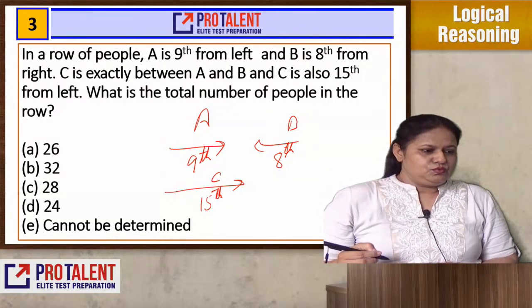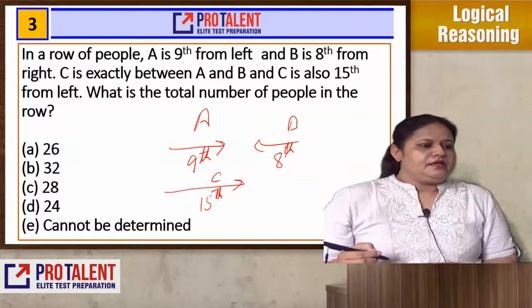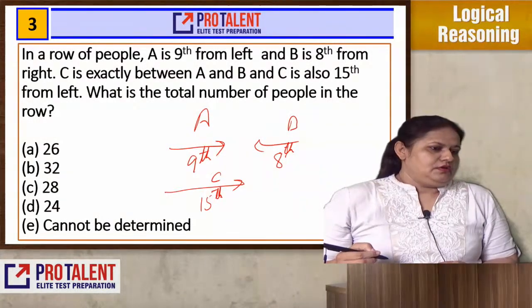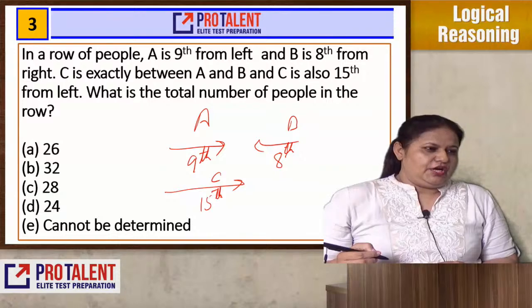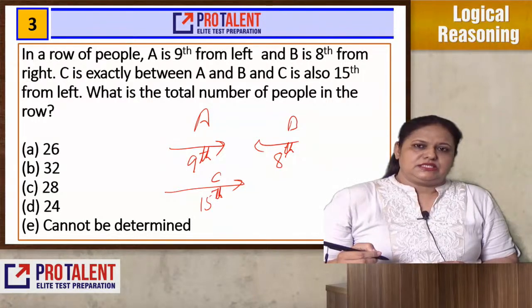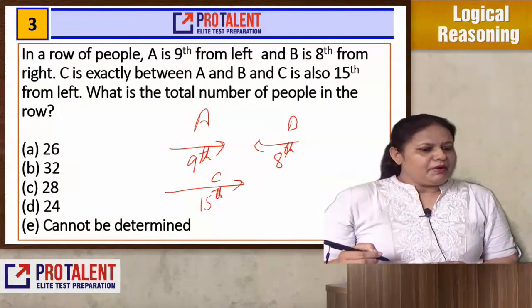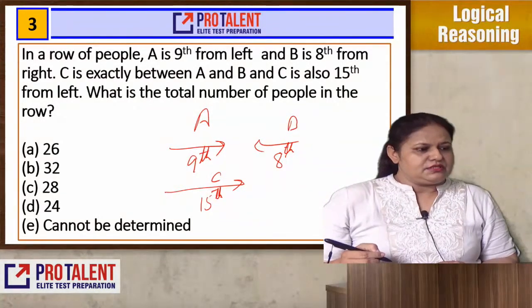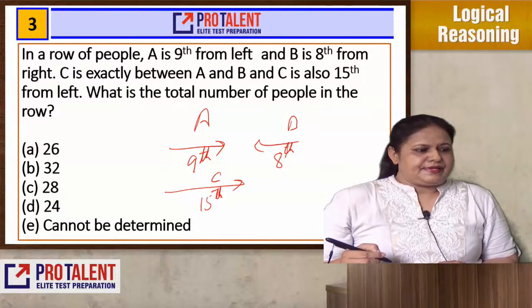No. Yes, Utkarsh. You have to check, you have missed something. The answer is C, 28. How do we go about it? Yes, Ayush, A to Z, answer is 28.